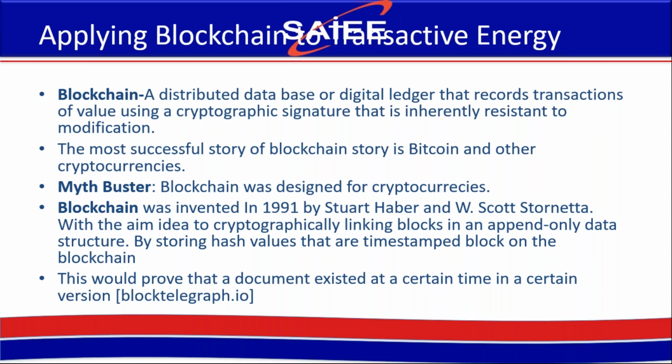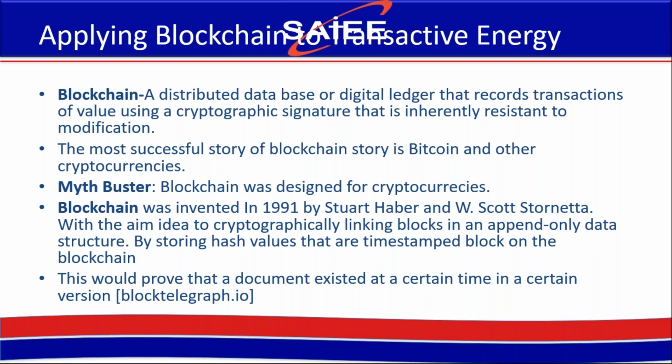So for example, if you get a degree at the University of Pretoria, we can actually put a stamp on it, and then everyone in the world will know that, okay, you got the degree from this place. So you cannot really go and fake that degree because it is digitally signed. So this would prove that a document exists at a certain time and in a certain version. So that's what the blockchain was designed for.